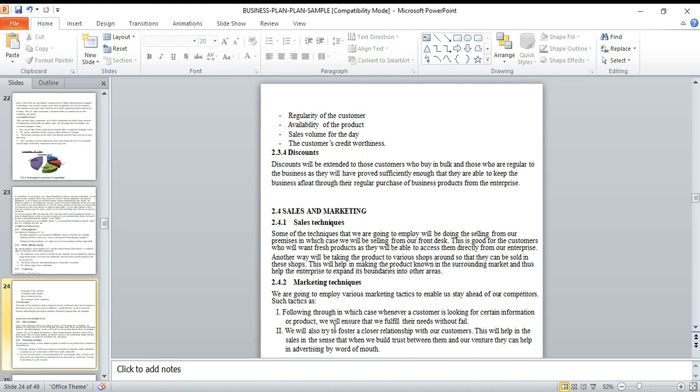So we have to follow through, in which case, whenever a customer is looking for certain information or product, we will ensure that we fulfill the needs without fail. Number two, we will also try to foster a closer relationship with our customers.